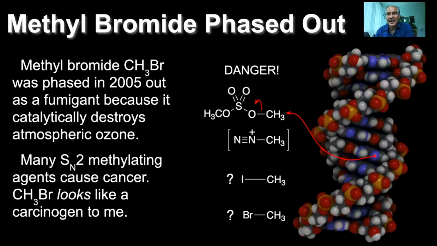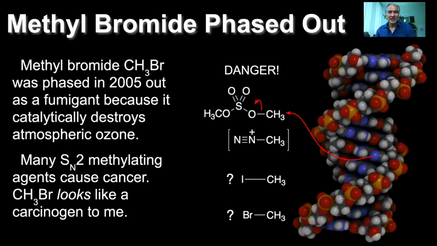And when you methylate those nitrogen atoms through an SN2 reaction, it makes it easy to lose the guanine bases, and that's a source of mutations. You have extremely efficient, I have extremely efficient, we all have extremely efficient DNA repair mechanisms that will replace faithfully those guanine bases, but every once in a while they make mistakes and you get mutations.